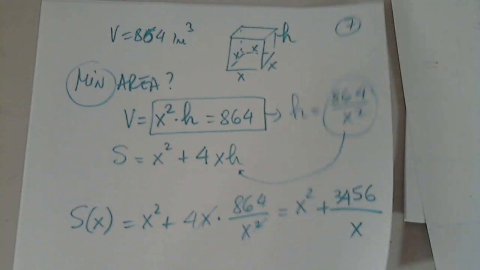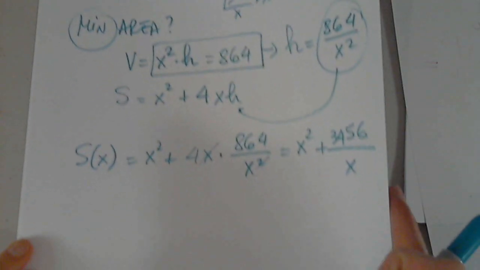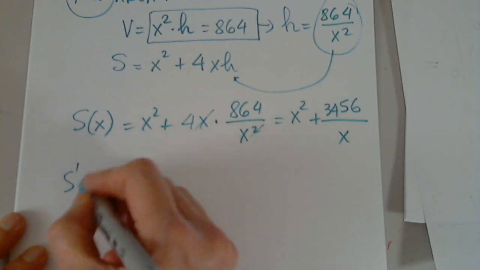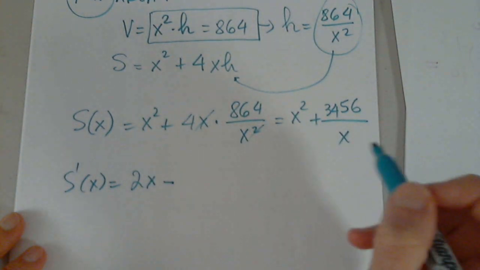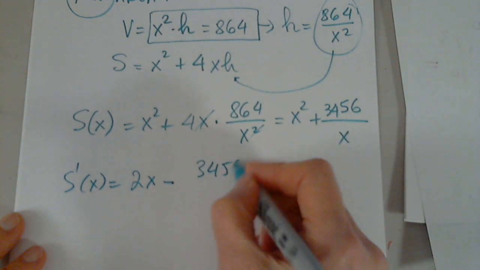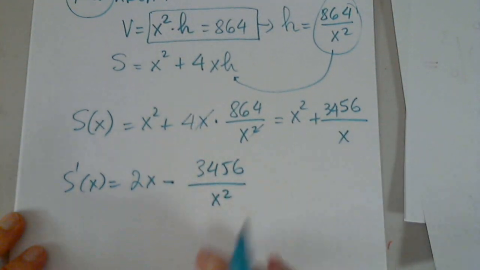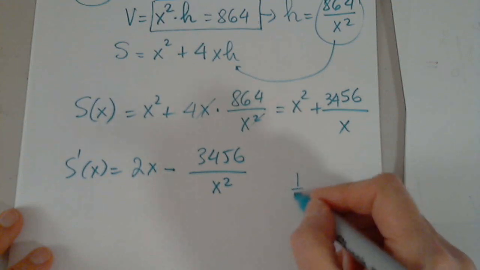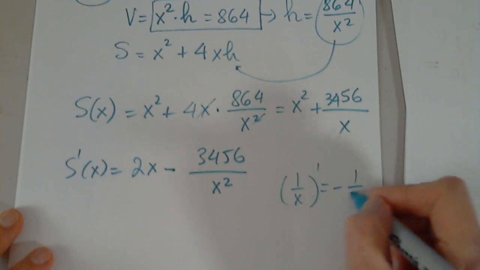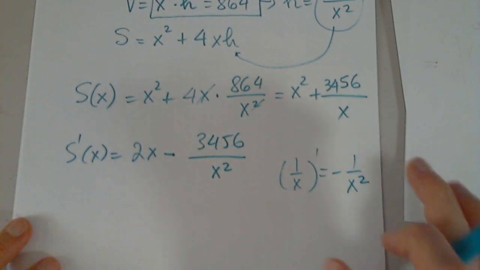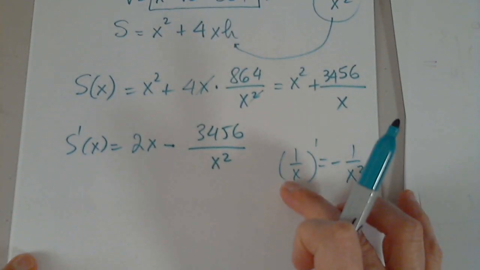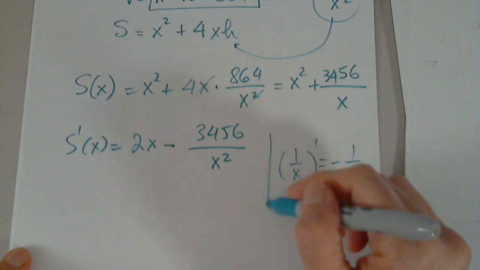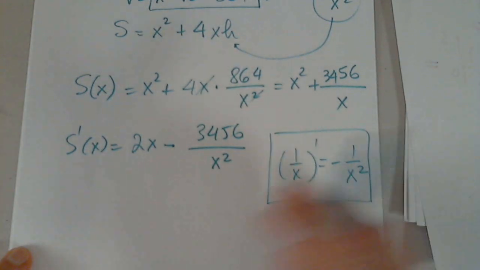At this point, in order to minimize the area, I know I have to determine the derivative of the area. So S prime of x will be 2x minus 3456 divided by x squared. When we differentiate 1 over x, we get negative 1 over x squared. When we integrate negative 1 over x squared, we get 1 over x. So this is a very important relationship.